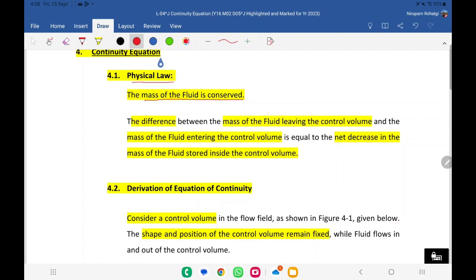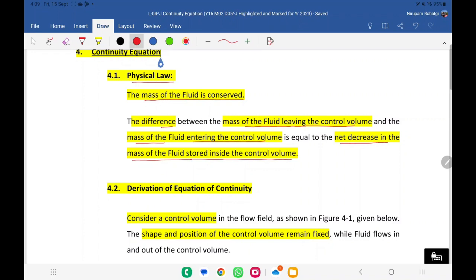This is the basic law represented in the form of an equation. What it means is that the difference between the mass of the fluid leaving the control volume and the mass of the fluid entering the control volume is equal to the net decrease in the mass of the fluid stored inside the volume. This is what continuity, or conservation of mass, means.